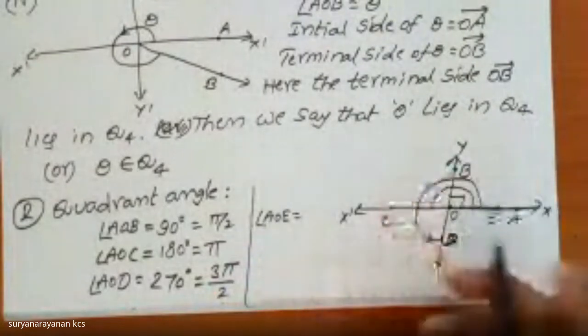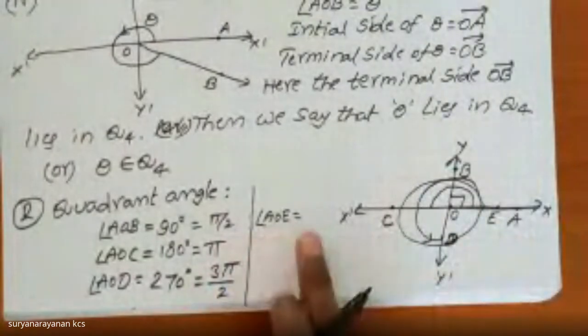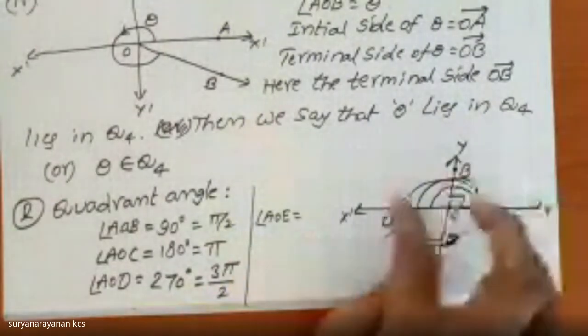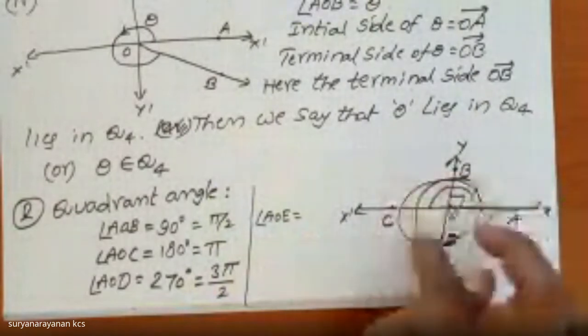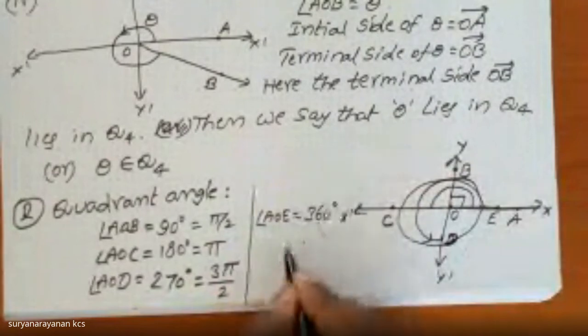Then what is the measurement of angle AOE? Yes, a complete rotation, a revolution. So 360 degrees or 2 pi radians.